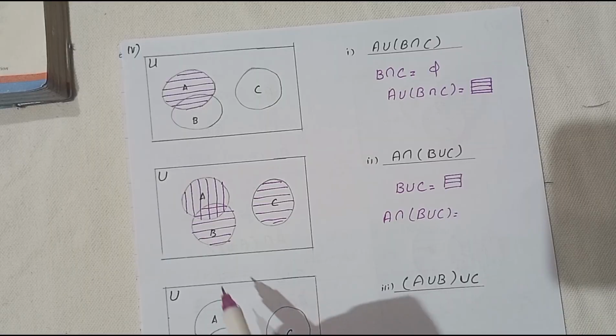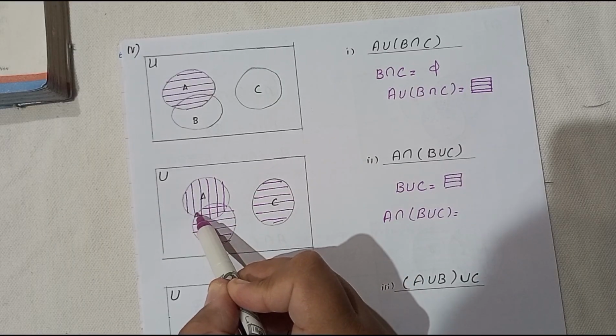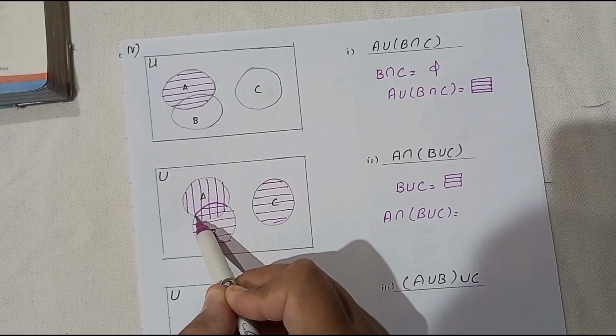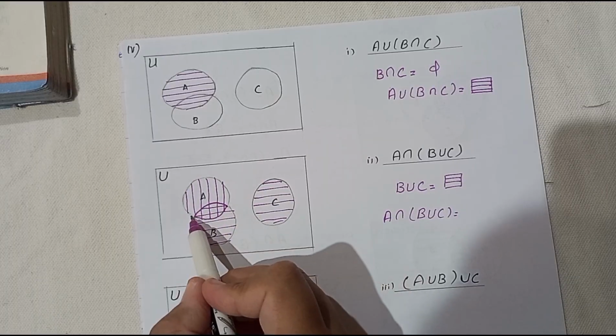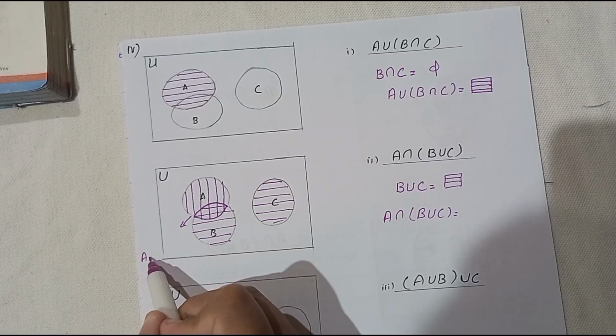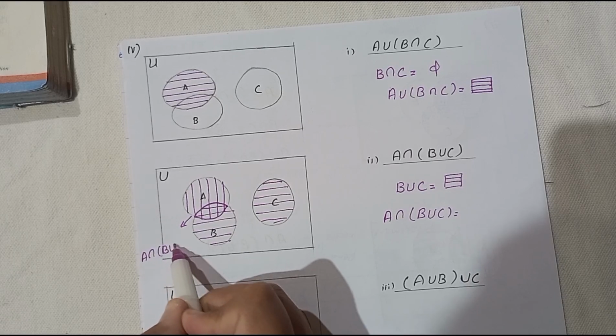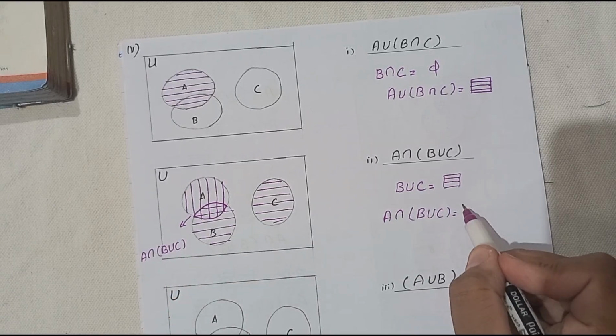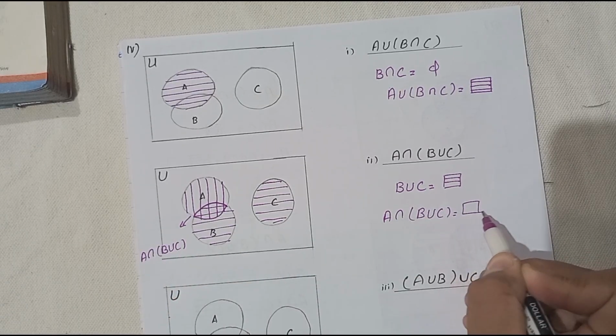So A intersection B union C is equal to that part of the diagram. So the shaded part is double lines.